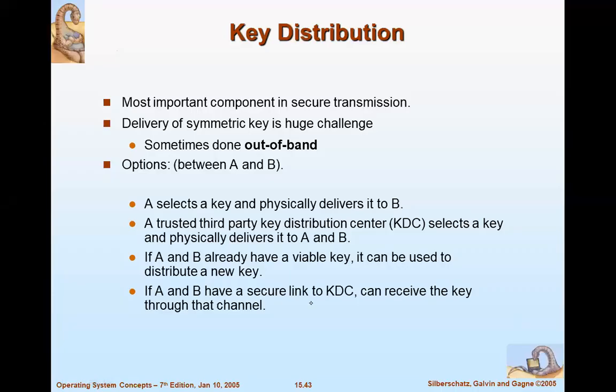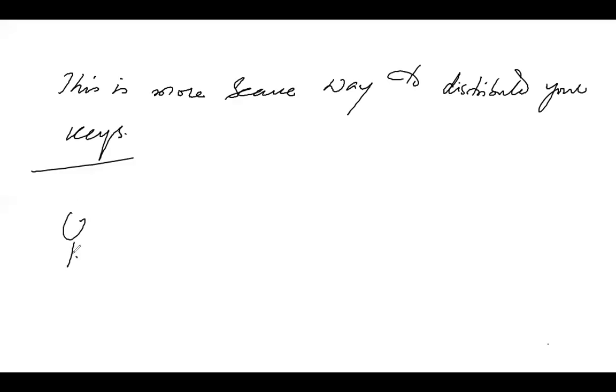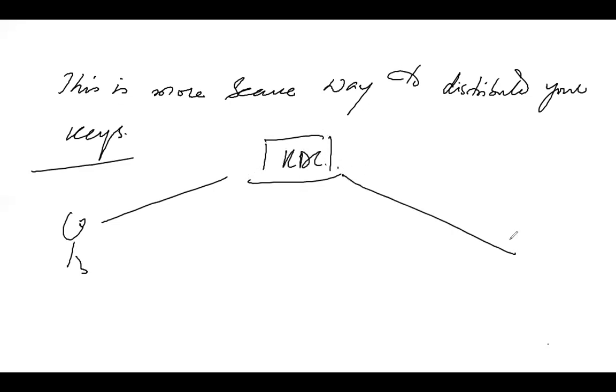And the second one is that you can have a third party as well. Here, moving in the same example, you have a third party over here, and that is the KDC, Key Distribution Center, and you are sharing it with the receiver.